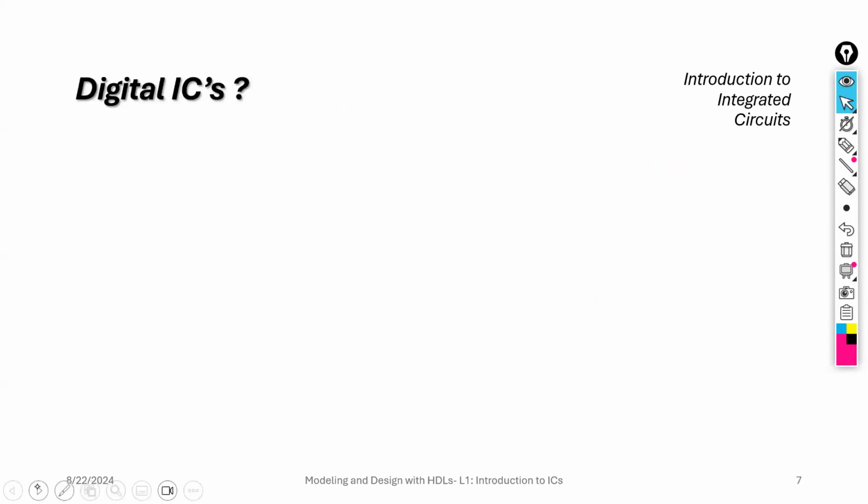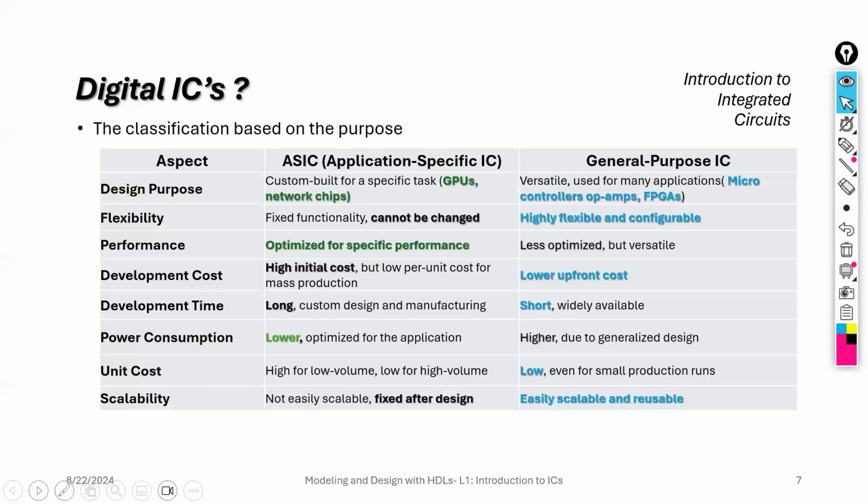Next, we focus mainly on digital ICs in our course, right? Especially we are going to use application specific integrated circuits and general purpose ICs. Application specific means that the IC is exclusively for one particular application and cannot be used for any other purpose.